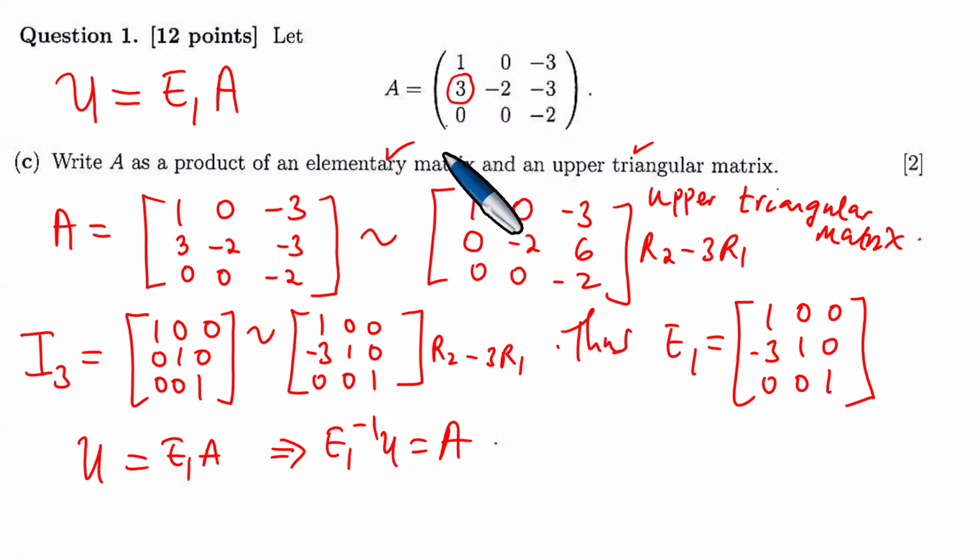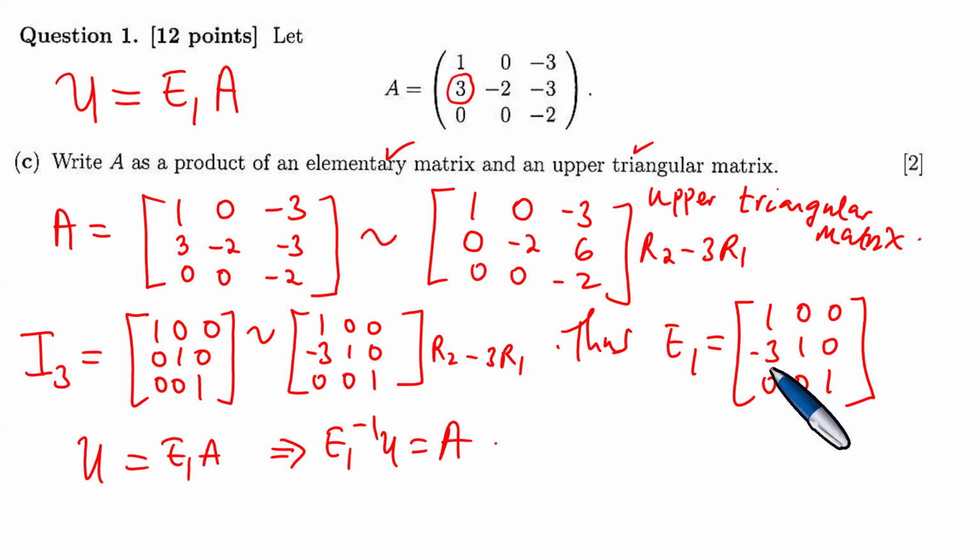We had the matrix A, which is 1, 0, minus 3, etc. And then they said you need to write A as a product of an elementary matrix and an upper triangular matrix. So obviously we just need to transform A to an upper triangular matrix, and it takes just one elementary row operation to do that. And after having done that, we already have the upper triangular matrix, meaning simultaneously we can get the corresponding elementary matrix.